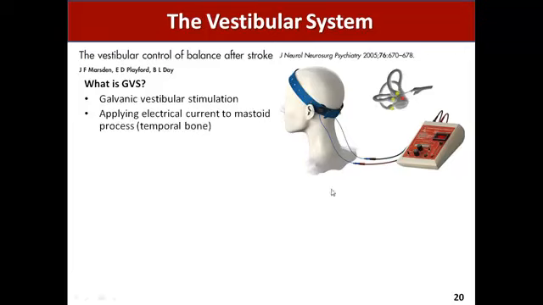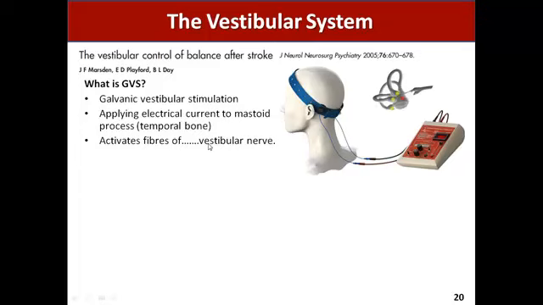As you can see on this illustration, here we see an electric stimulator that is providing current to stimulating electrodes that are positioned right behind the ears over the surface of the posterior region of the skull, which will then be able to transmit that electrical information to the selective activation of the sensory organs.